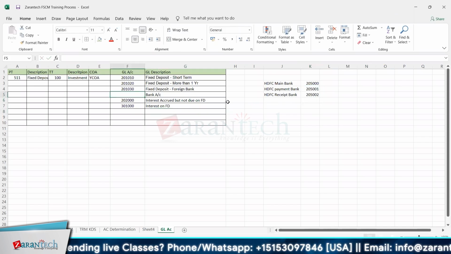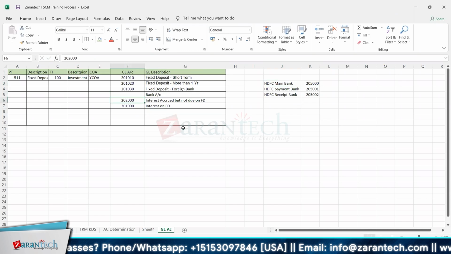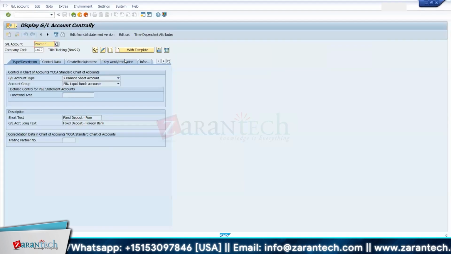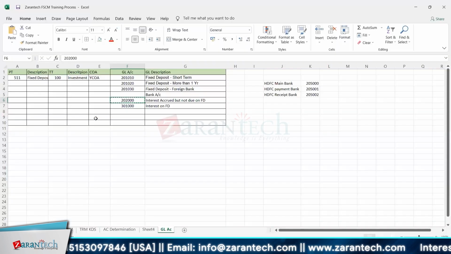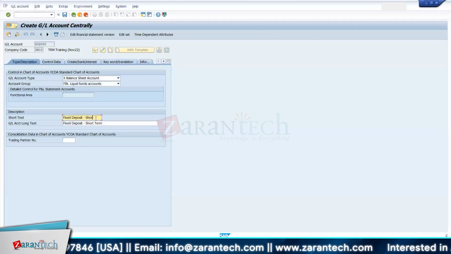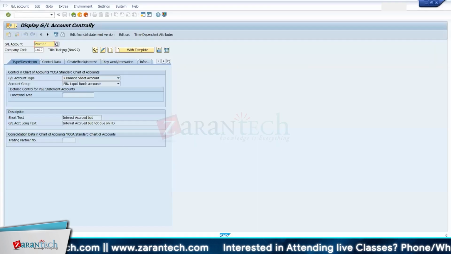So here we will create these accounts, and then interest accrued not due. This account also under the same group we will create, but the number is different. Then interest on FD. So this is my income statement account.